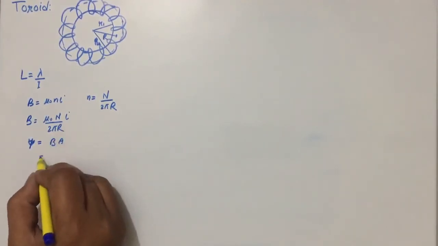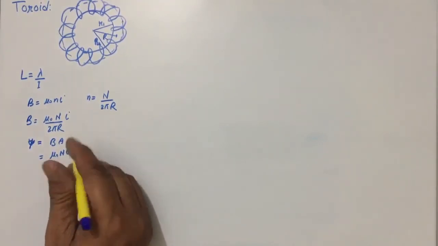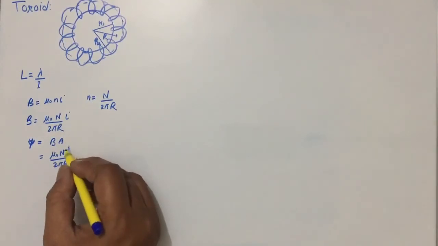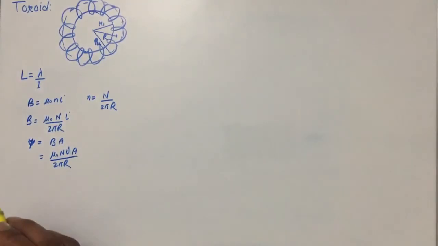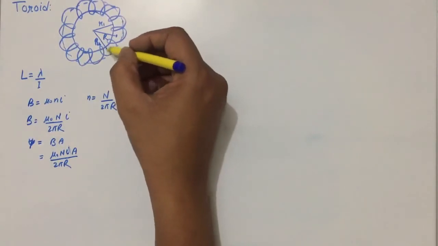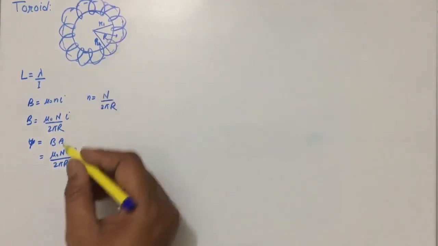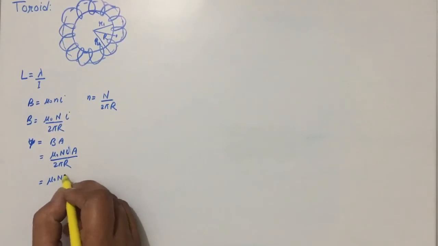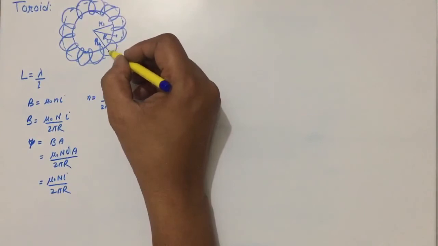We can put B from here, mu naught N I divided by 2 pi R times A, where A is the cross sectional area.